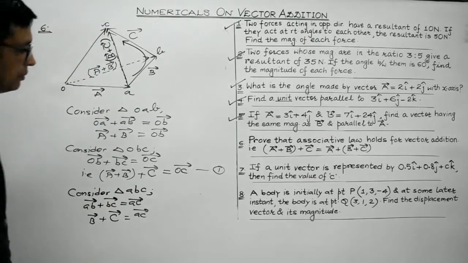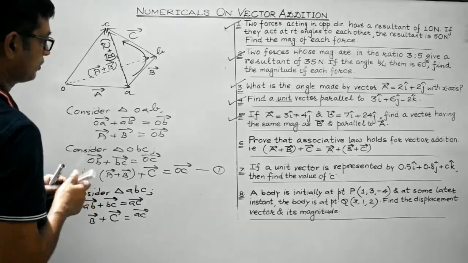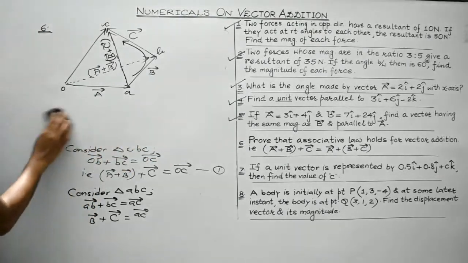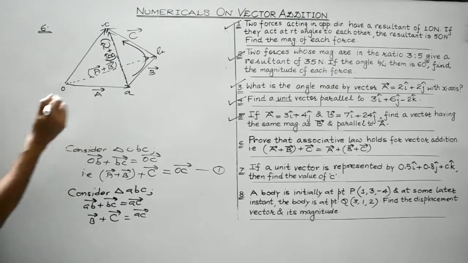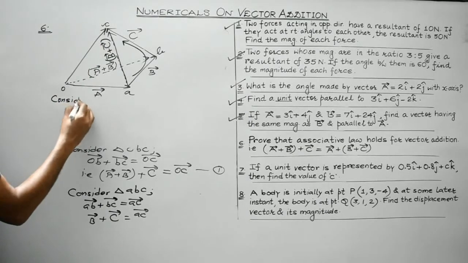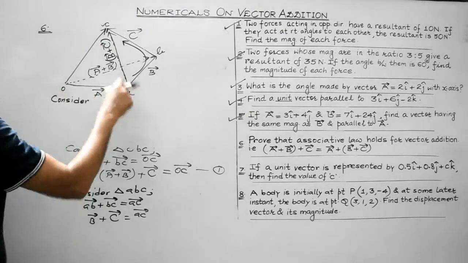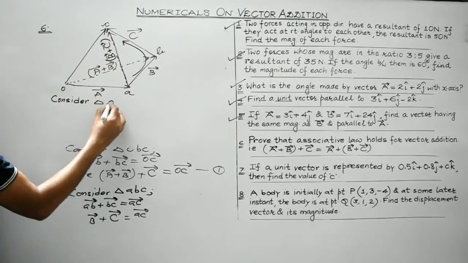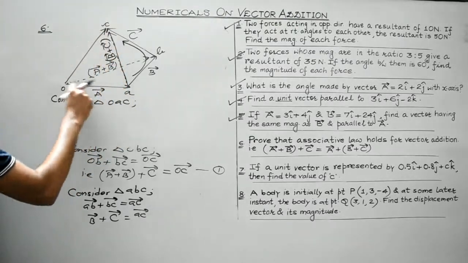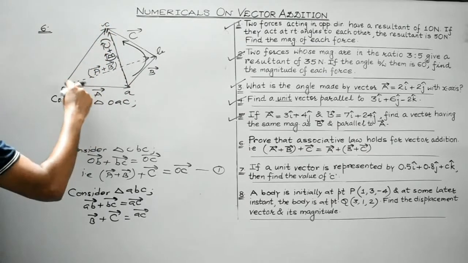Now in the last step, students, consider triangle OAC. Now OA and AC, these are the two sides of a triangle taken in the same order.